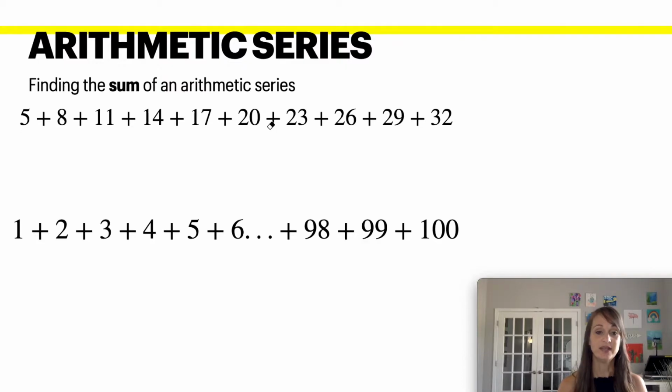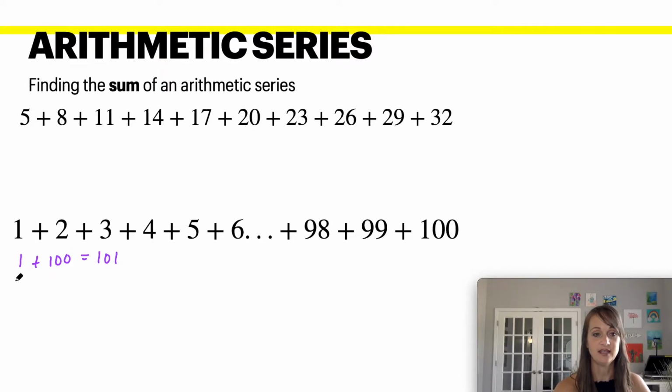For the second one, you could still do it, except it would take a little bit longer typing all those numbers in one at a time all the way from 1 through 100. However, what has been noticed is that you can actually find a pattern in that. For example, the numbers 1 through 100: 1 and 100 give you 101.